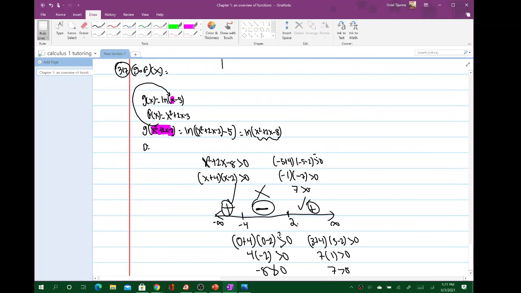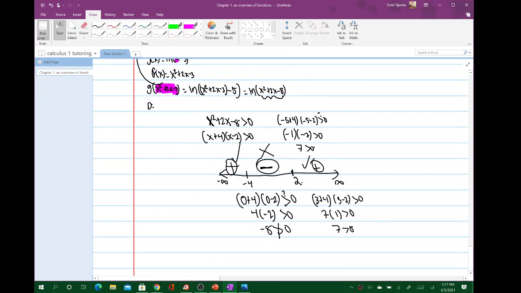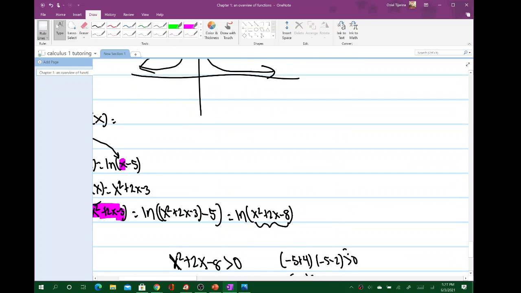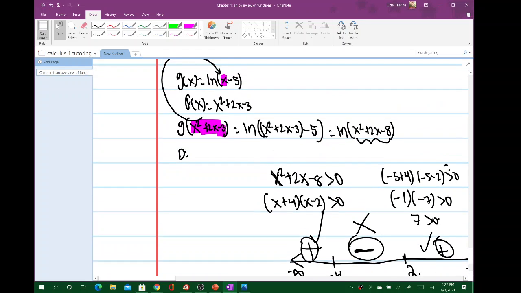let me actually, hold on. Okay, so the domain of this, and I'm trying to see exactly how I'm doing this, because it's a little bit tricky.